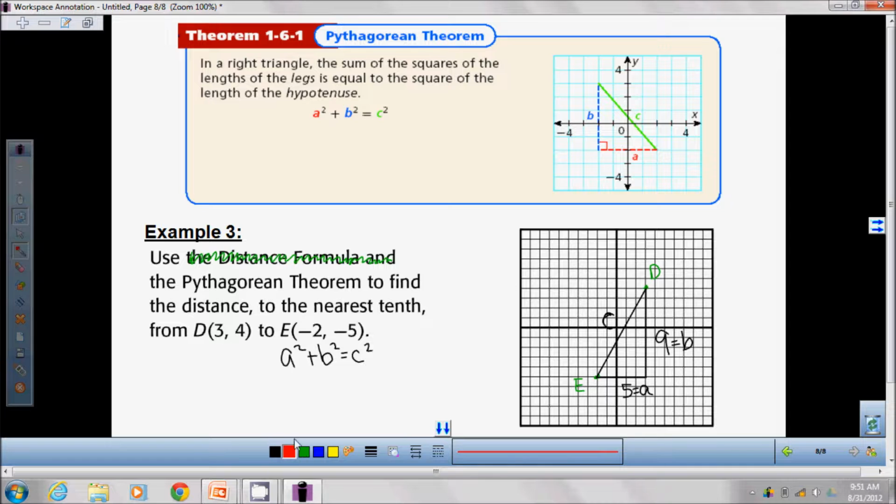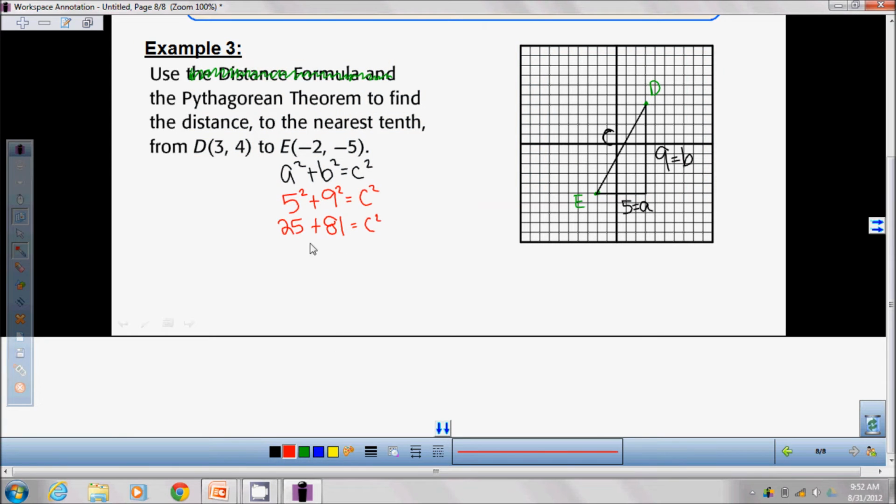So let's plug it in. a is 5, so we're going to take that and square it. b is 9, square that. And then c, we don't know. So 5 squared is 25, plus 9 squared is 81, equals c squared. 25 plus 81 is 106.